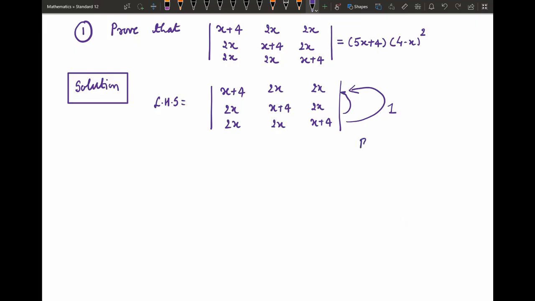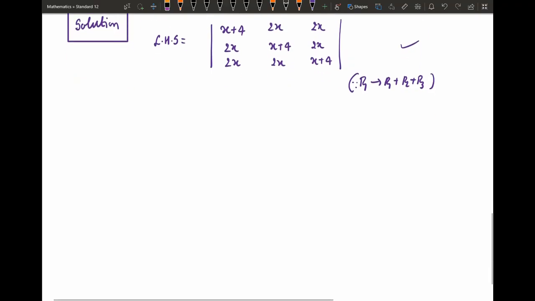So if we perform R1 to R1 plus R2 plus R3, that is, second and third row multiplied by 1, add in the corresponding entries of the first row. You can also use column operation for your information.